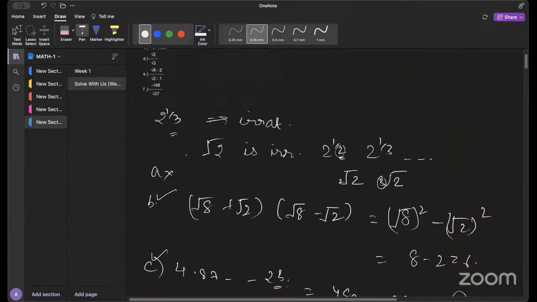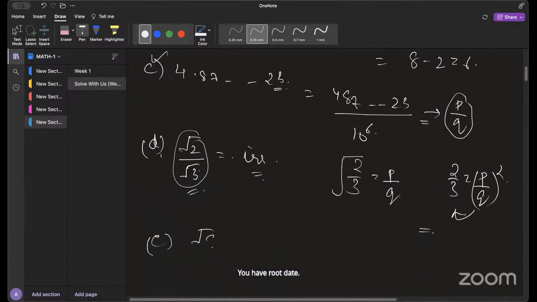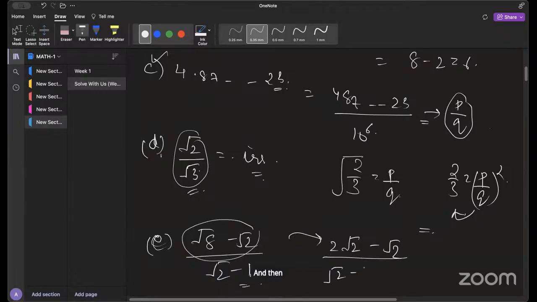Then you have root 8 minus root 2 and root 2 minus 1. So either you can try to rationalize the denominator, or you can simply write the numerator as root 2 into root 2 minus 1, and then divide by root 2 minus 1.